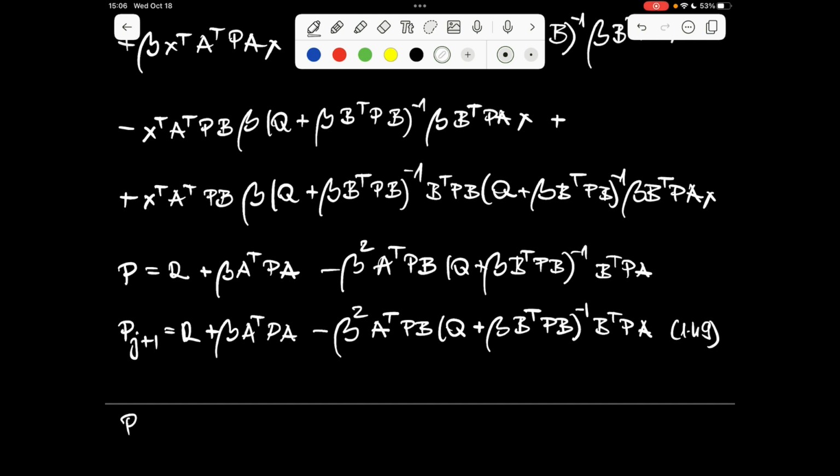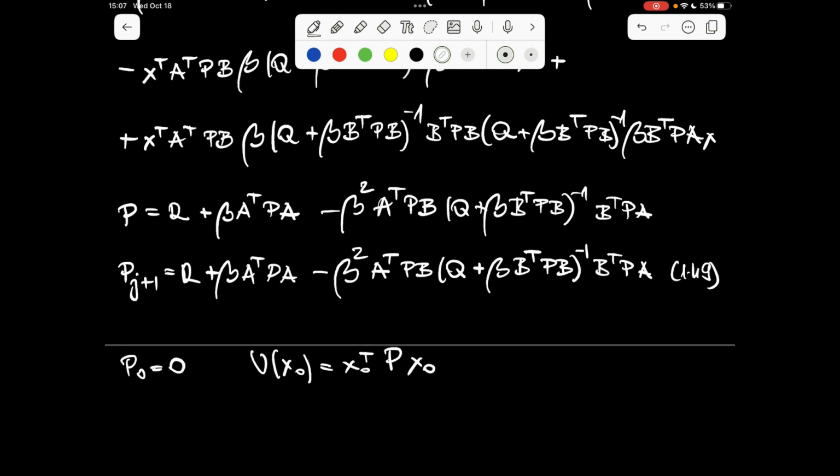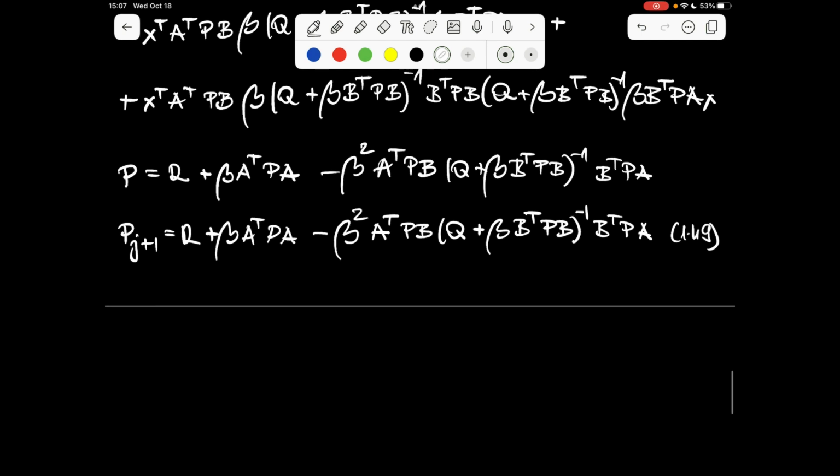So if the initial guess is 0, we can start the iteration with this step. Okay, it's uninteresting. Now some final remarks regarding the solution.